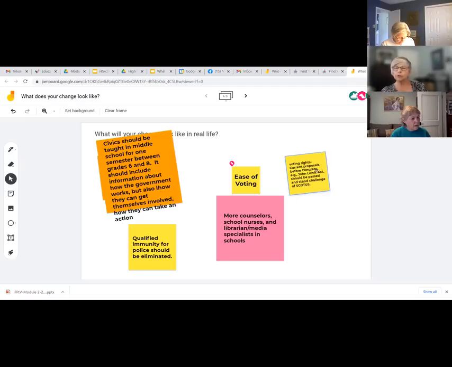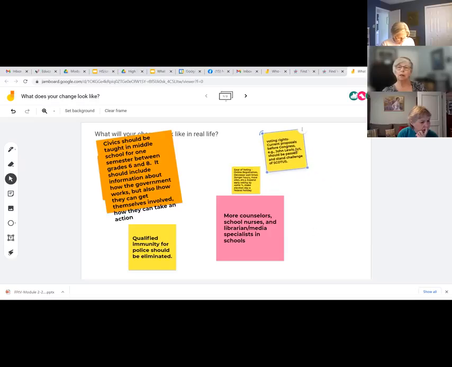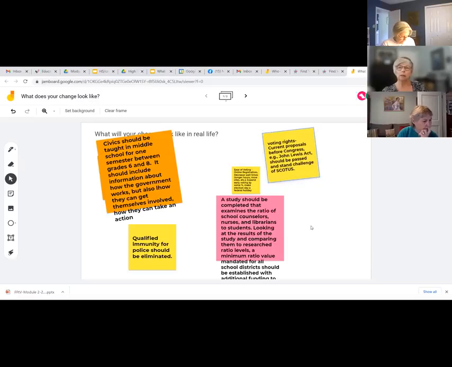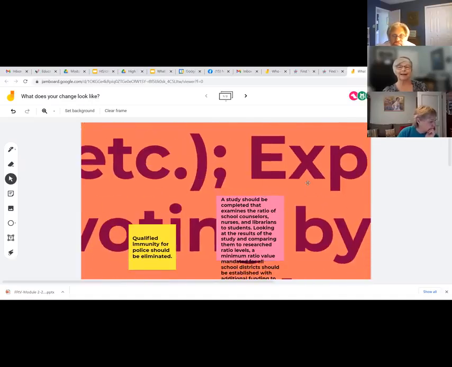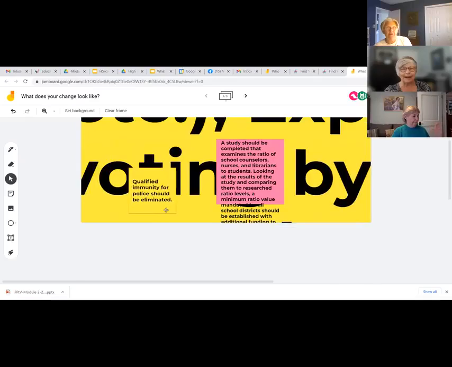It should say jamboard.google.com/d/1. Oh, yeah. Okay, got it. All right. Okay.